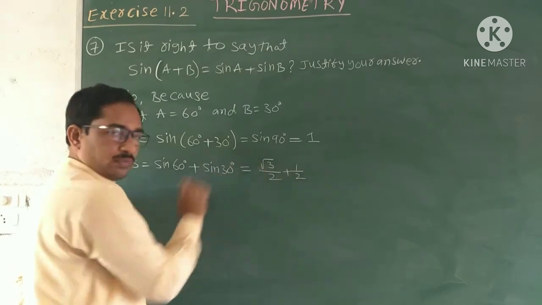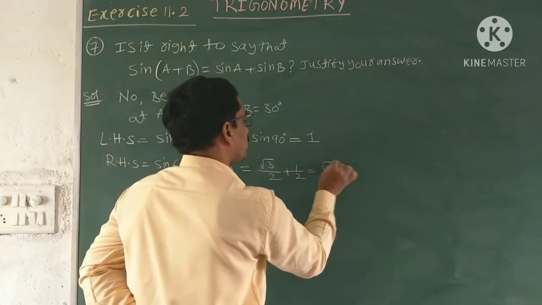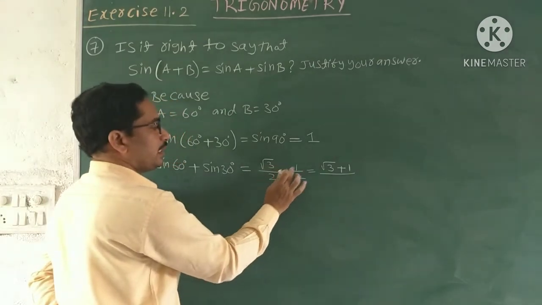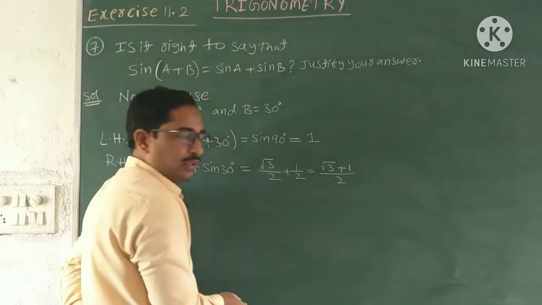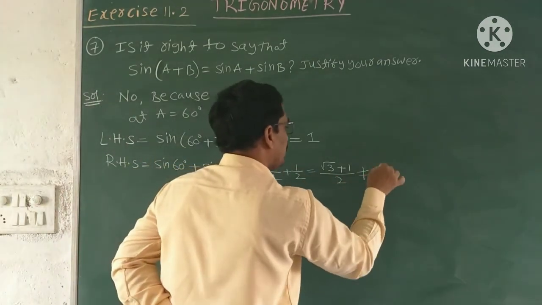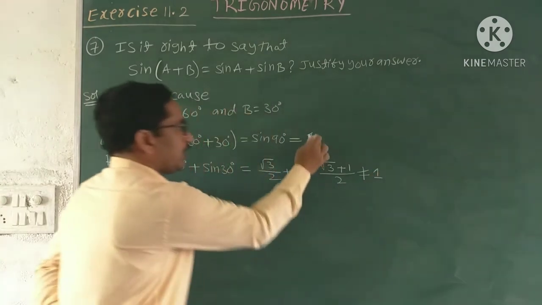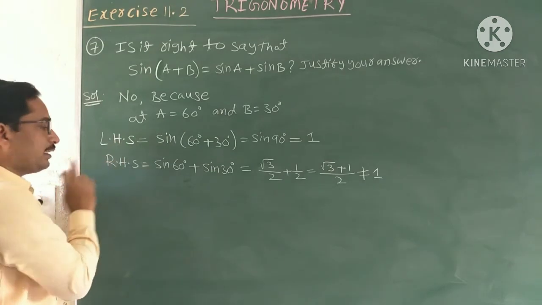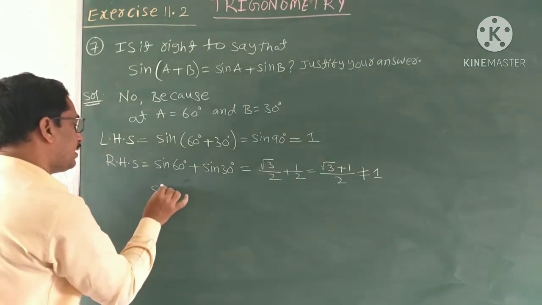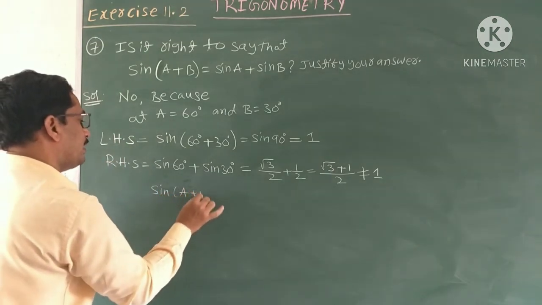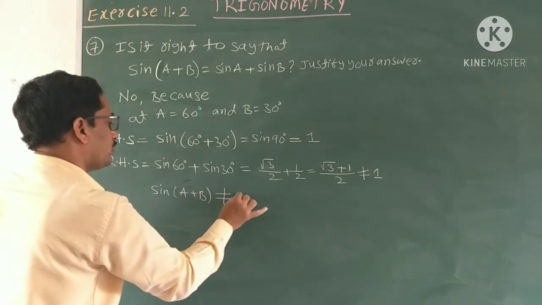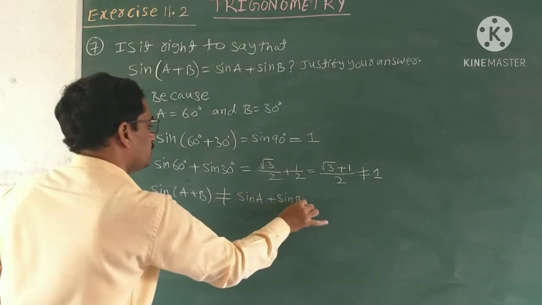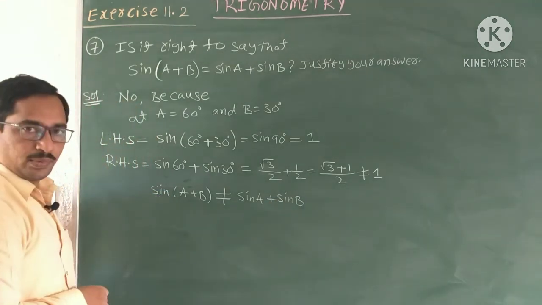The denominator is the same, so the sum of the numerators gives root 3 plus 1 by 2, and this value is not equal to 1. It is not equal to the LHS value 1. That is, LHS is not equal to RHS, meaning sine of A plus B is not equal to sine A plus sine B.